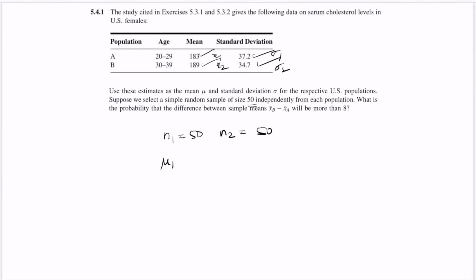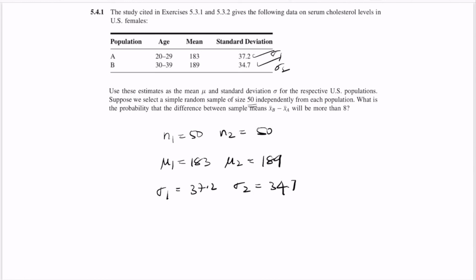Mu1 here is 183, mu2 here is 189, sigma 1 is 37.2, sigma 2 is 34.7.